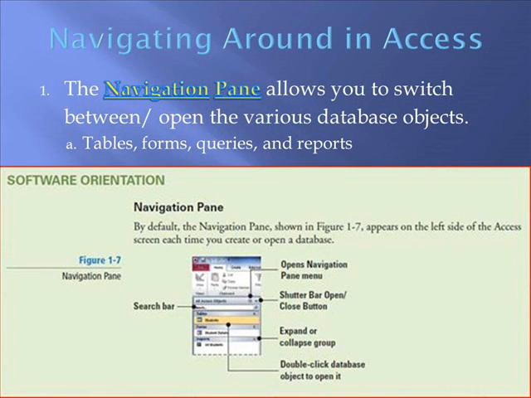Once you've named and created your database, and you open it up and you're ready to begin, the navigation pane appears over to the left-hand side that shows you all of your various database objects. In the beginning, it's only going to have one table in there. But as you add extra tables, forms, queries, and reports, those will appear in the navigation pane. The shutter bar open and close button either collapses or expands the navigation pane, where it either hides it or opens it back up for you to be able to view your objects.